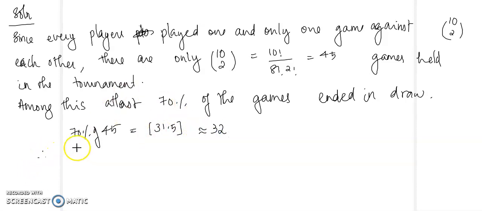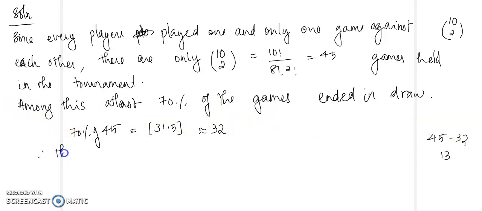So therefore at least 32 games ended in a draw, so there are at most 45 minus 32 games which did not end in a draw, because if it is a draw, the points will be 0. So there are at most 13 games which did not end in a draw.